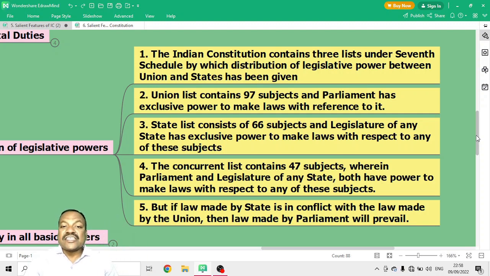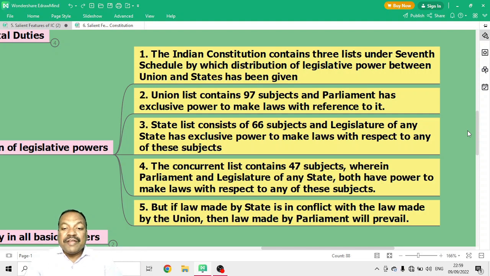Secondly, the state list consists of 66 subjects, and the legislature of any state has exclusive power to make laws with respect to any of these subjects. Thirdly, there is one more list called the concurrent list, which contains 47 subjects, wherein the Parliament and the legislature of any state both have the power to make laws with respect to any of these subjects, but subject to certain conditions.